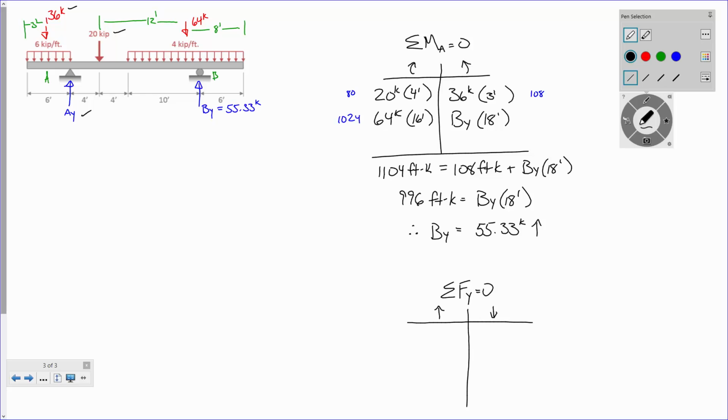We've got 36 kips acting downward, AY assumed to act upward, 20 kips acting down, 64 kips acting down, and 55.33 acting up.